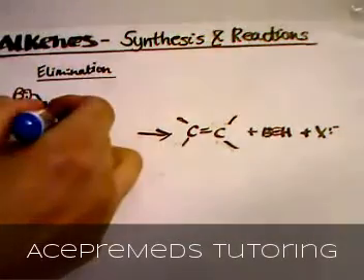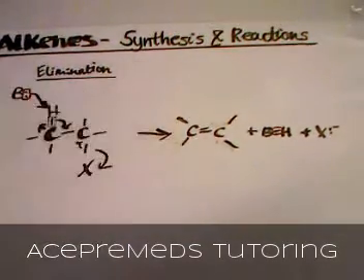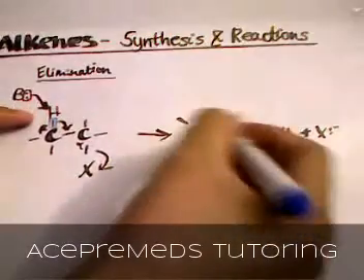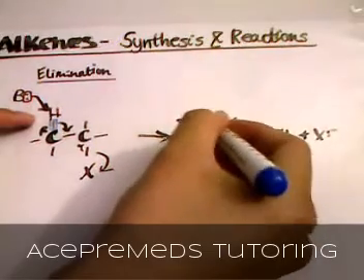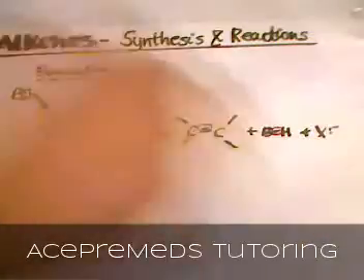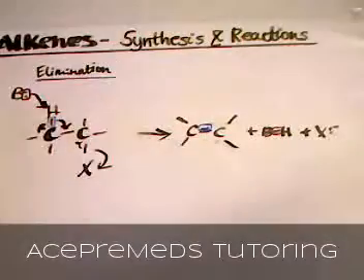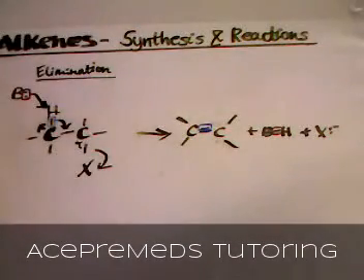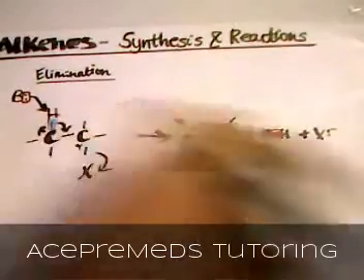The CH bond of the carbon's bond to the hydrogen that's abstracted, those electrons move as this pi bond between the two carbons, and the leaving group leaves with the CX bond.